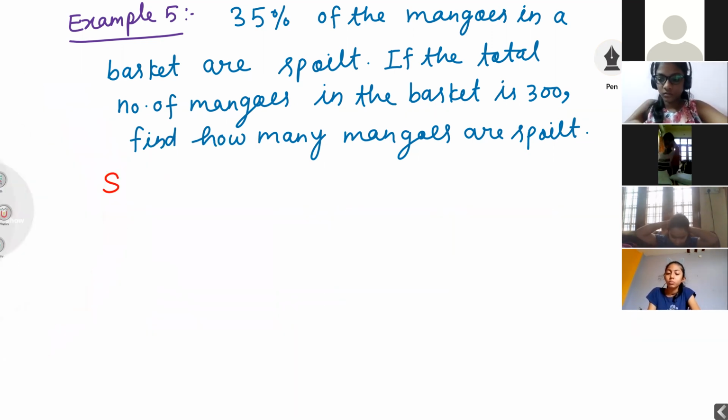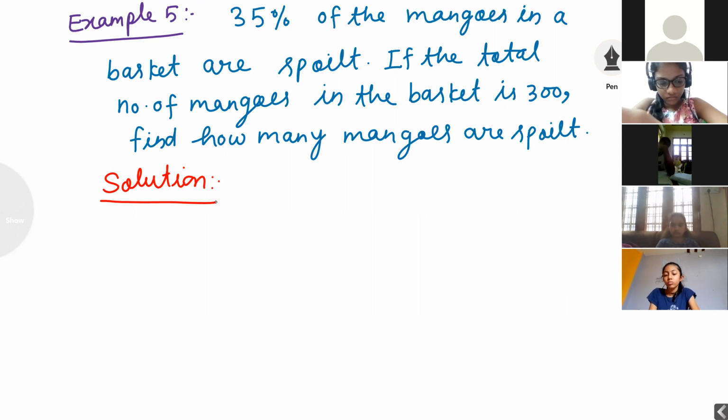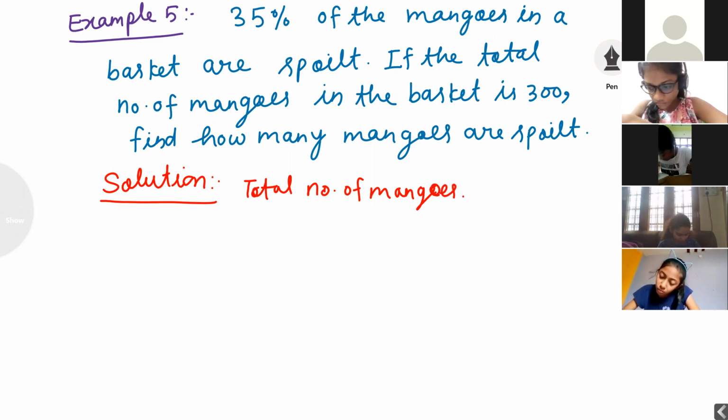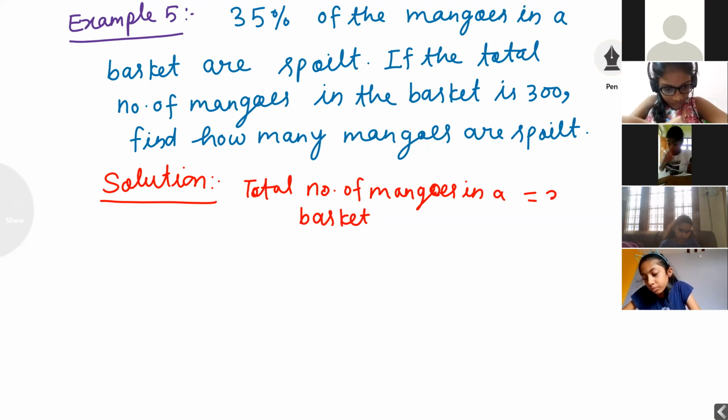Solution: total number of mangoes in a basket is equal to 300. 35% of the mangoes in a basket are spoiled.